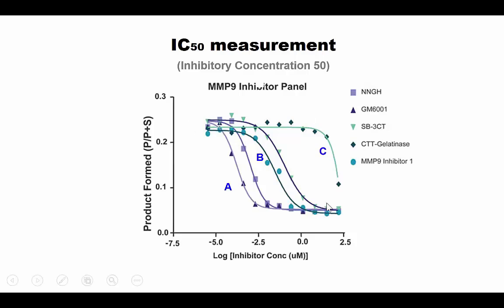If this is 0% and this is 100%, the IC50 value should be defined here by putting a line around the half level, and the IC50 value should come from this number, and then B should come here, C should come here. Then we can tell that number-wise, for IC50, C has the highest number, A has the lowest number. So IC50 value-wise, is lower stronger, or is higher stronger? Yes, the lower the stronger, right? Even though you put in a small amount like this, you can still get 50% inhibition of those enzymes. So that's how we read this data.